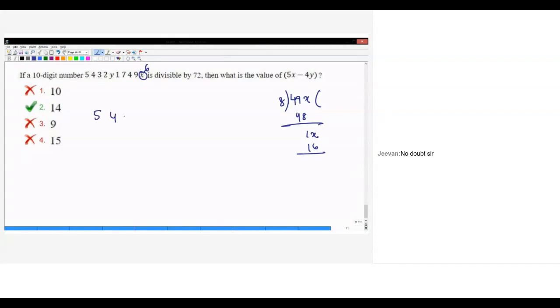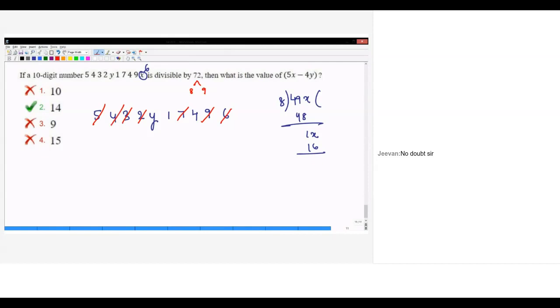Take 5432y 17496. Apply the same 8 and 9, right? Now 7263. Anyway, 9 cancel. 5 and 4.